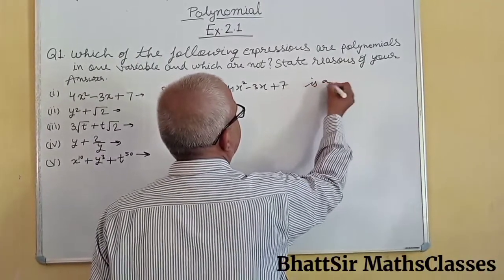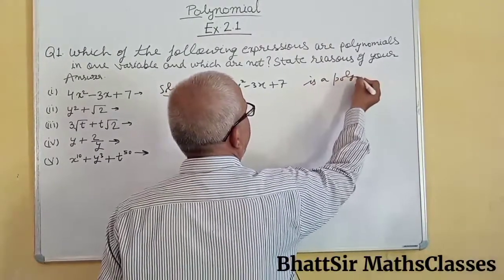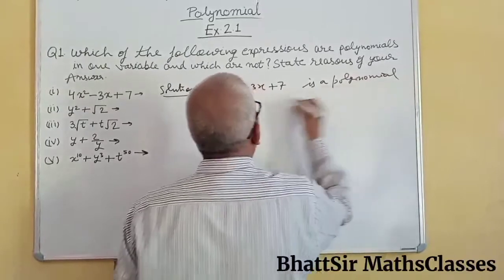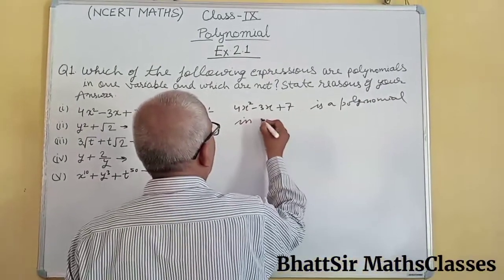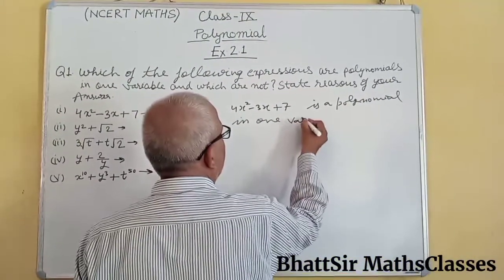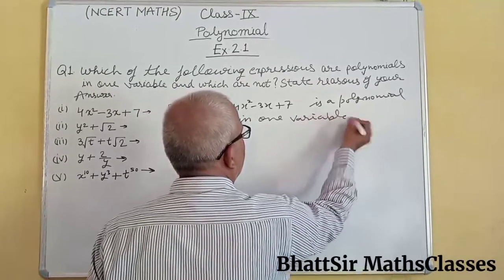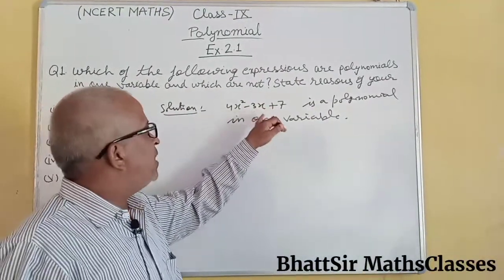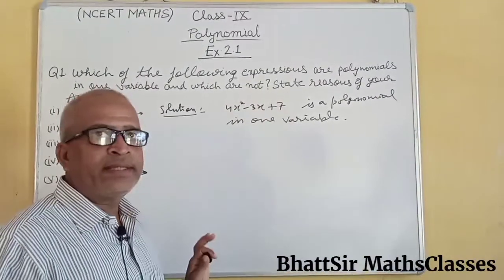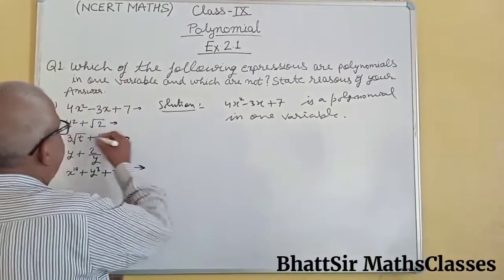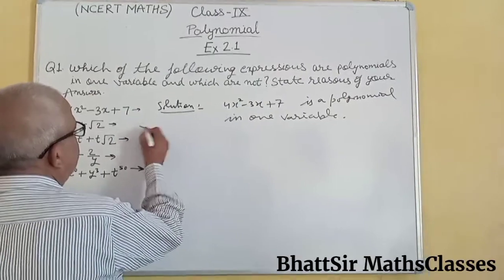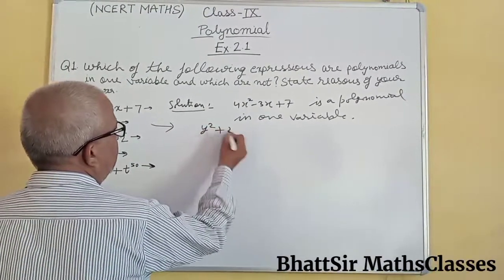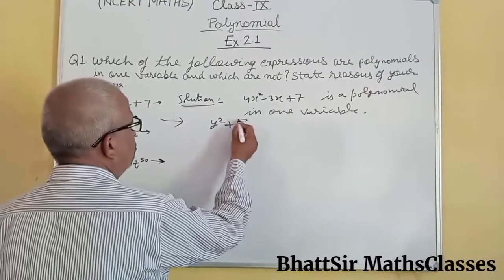is a polynomial in one variable, because this polynomial is expressed in terms of x. Now I am giving the second: y square plus 2 plus under root 2.